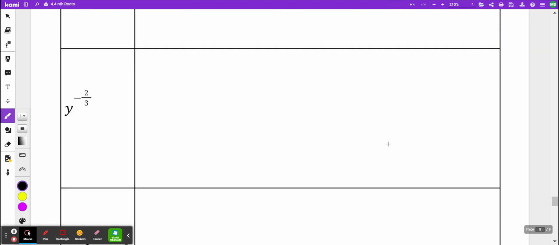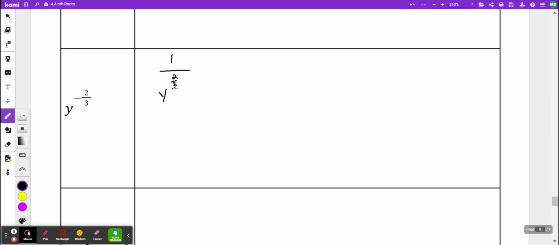I have y to the negative 2/3. So straight off the bat, I know I'm going to have y to the 2/3 right there. And I'm going to see that, hey, I don't want this guy downstairs, this y to the 2/3. So how do I make sure that I do not have that?